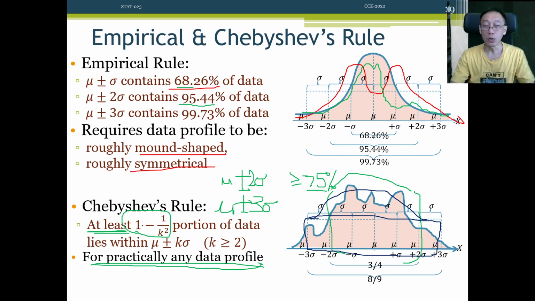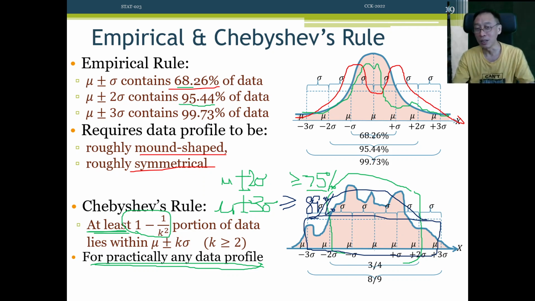According to Chebyshev's rule, k equals 3, so that's 1 over 9. 1 minus 1 over 9, that's 8 over 9. So 8 over 9, that's about 89% of data, at least. So we're not sure whether it's 90%, 95%, 99%, 100%, not very sure.